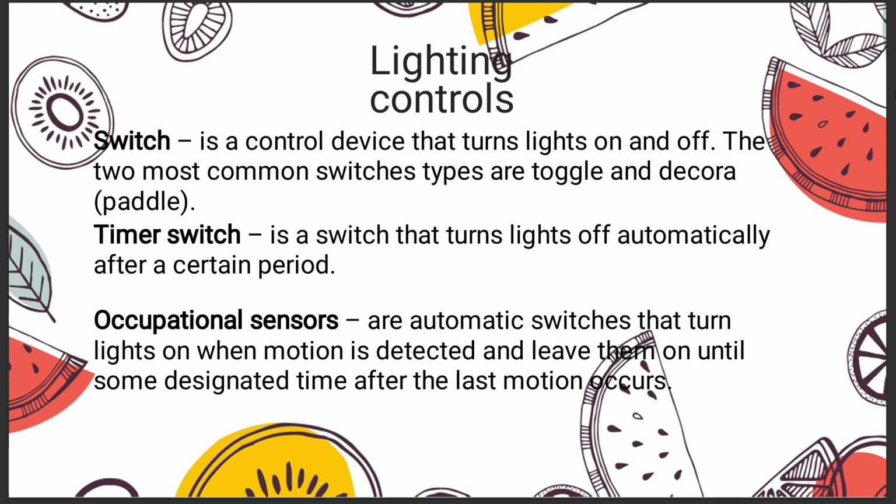They are similar to the timer switch because both are automatic. The difference is that occupancy sensors detect motion, while the timer switch turns the light on and then turns it off after a certain period of time.